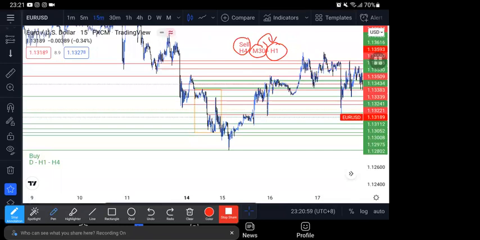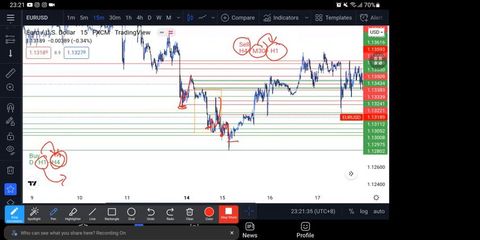But to catch a little move right here, you just repeat the same thing, because this is H1. If we enter at H1, we're going to wait for the H4 breakout. But if we want to find entry on a smaller time frame, because this is what the market does, the market moves from the smaller time frame to the bigger time frame.